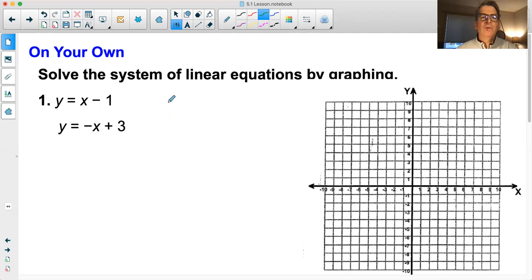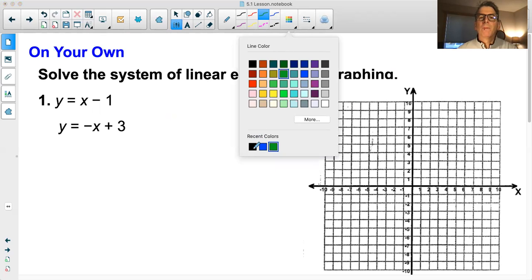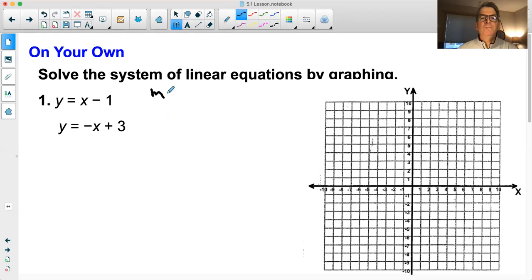Okay, so let's start with number 1. The slope of number 1 is 1. The intercept of the first equation, y is equal to x minus 1, is -1. So we're going to be starting out at this -1 for this one.